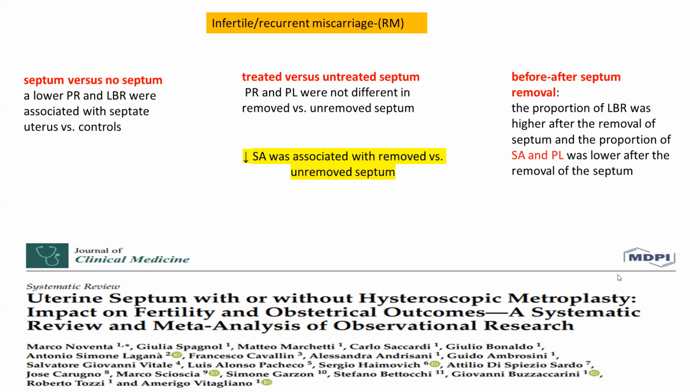And before and after septum removal, the proportion of live birth rate is higher after removal, and the proportion of spontaneous abortion and preterm labor was lower after removal. So cutting the septum may help the reproductive outcome of your patient. So don't ignore hysteroscopic incision of septum in all cases.